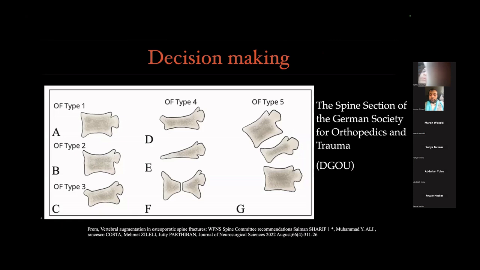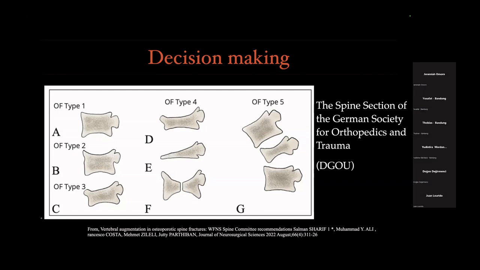How can we decide which patient needs the operation and which patient goes to conservative treatment? There is a classification by the German orthopedic and trauma surgeons, who divided osteoporotic fractures into 5 types, type 1 to type 5.